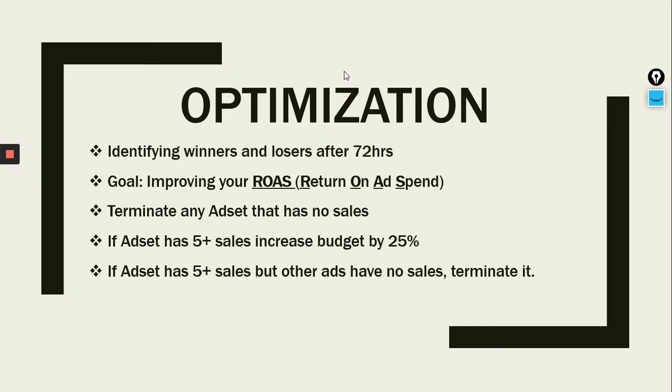But if the ad set has 5 or more sales, also increase the budget by 25%. But at the same time, if the ad set has 5 sales, but other ads in the ad set have no sales, you need to terminate them. It's not working. You have to let it go. And don't be too emotional about this.